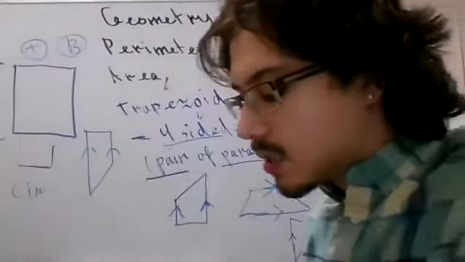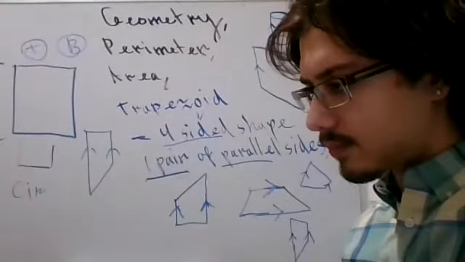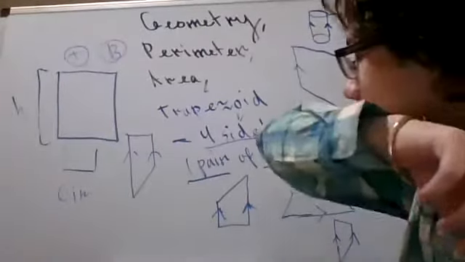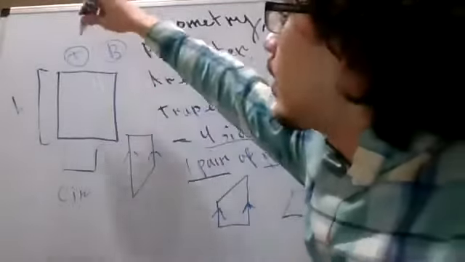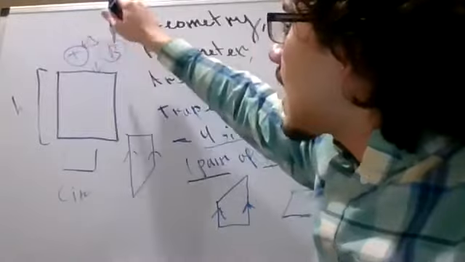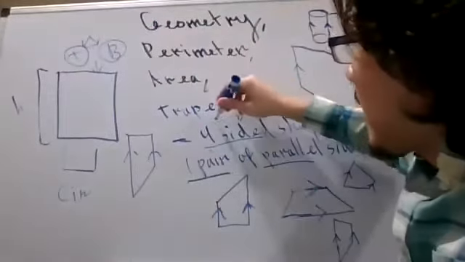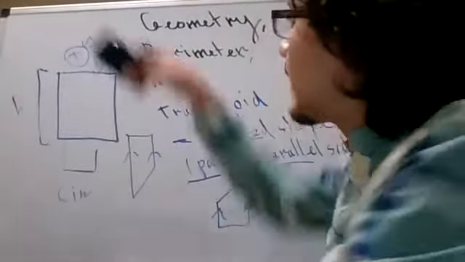Any questions so far? Very good. So these are all the sides of a cylinder. So we can see that a cylinder has only three sides. So we know that that is not correct. So the cylinder does not have four sides.